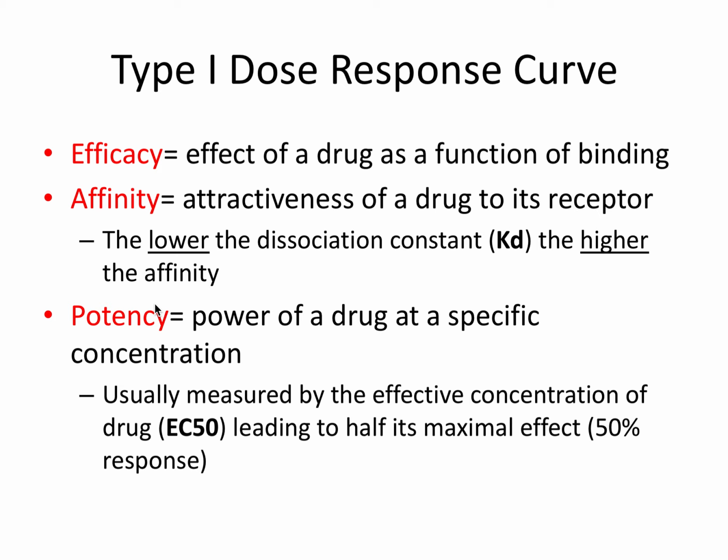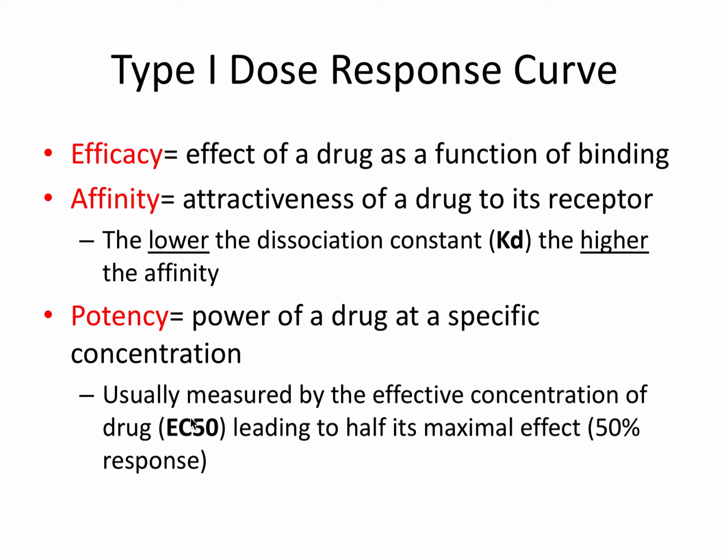And finally, potency. Again, all of these are somewhat similar, but they all have distinct differences. Potency refers to the power of a drug at a specific concentration. And potency is related to this value, EC50, which is the effective concentration of the drug.